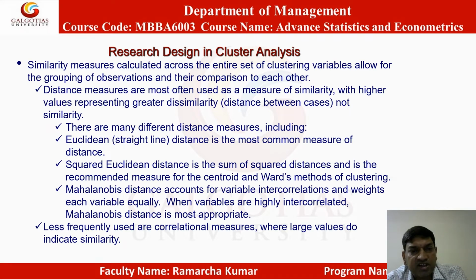Squared Euclidean distance is the sum of squared distances and is the recommended measure for the centroid and Ward's method of clustering. Mahalanobis distance accounts for variable intercorrelation and weights each variable equally. When variables are highly intercorrelated, Mahalanobis distance is most appropriate. Less frequently used are correlational measures, where large values do indicate similarity.